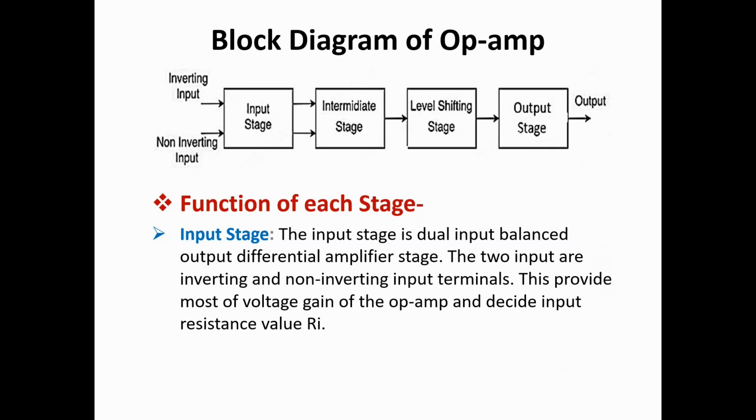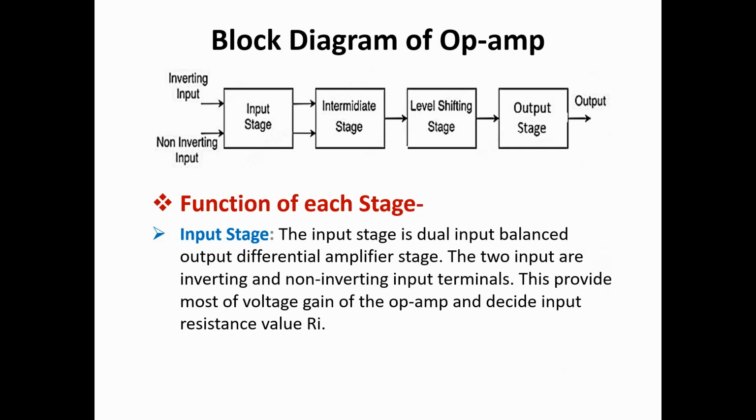There are various blocks used in the IC to perform the operation. This block diagram shows there are four blocks: input stage, intermediate stage, level shifting stage, and the output stage.